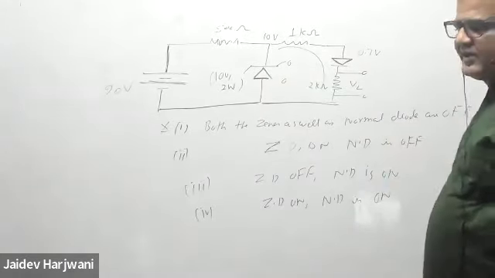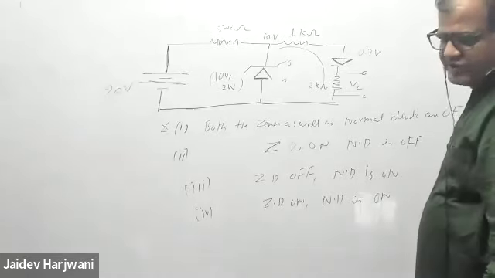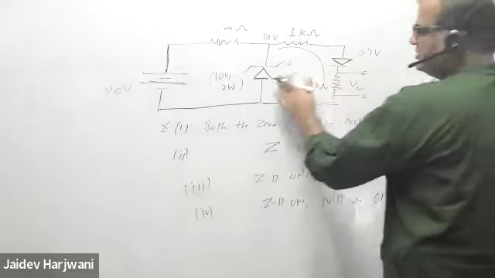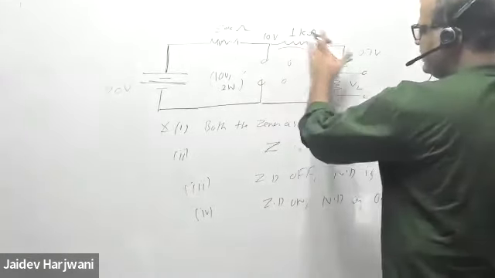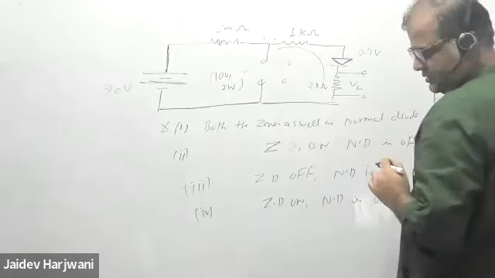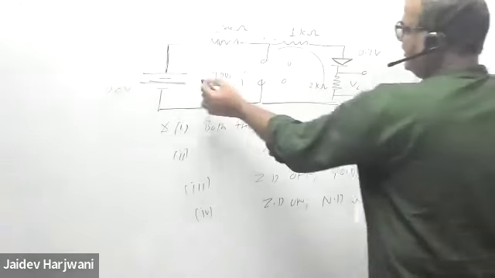Now the next possibility is I say this is on, but this is off. That you have to check. If this is on and this is off, then tell me what is the voltage across this branch. If you want to find the voltage across this branch, you need to first find the current.